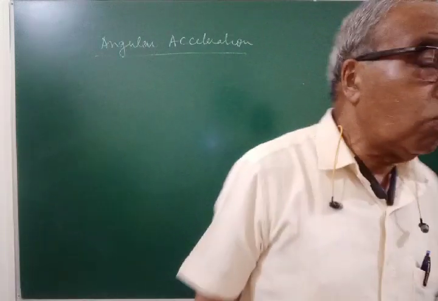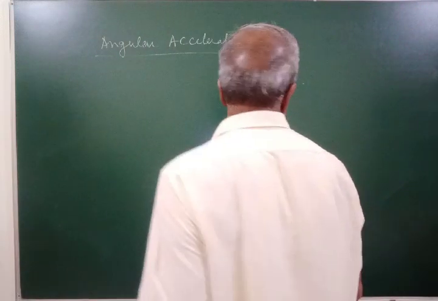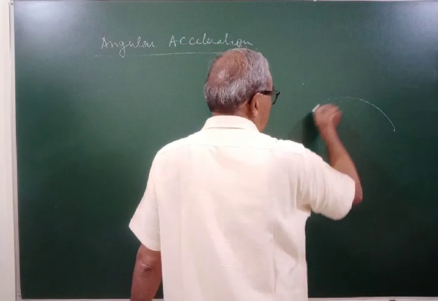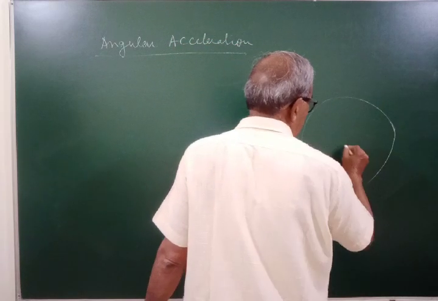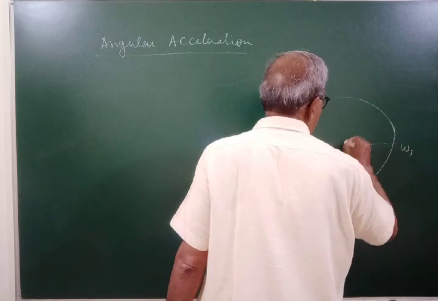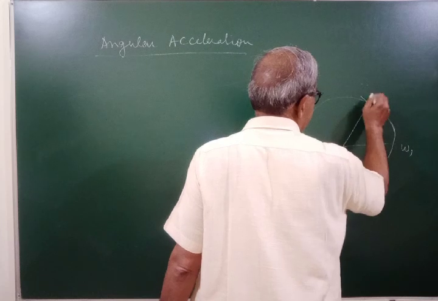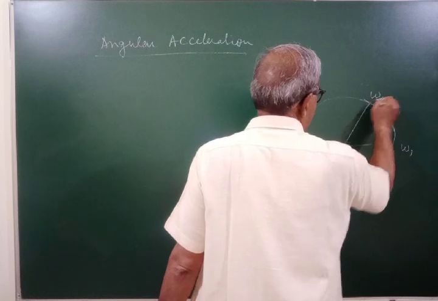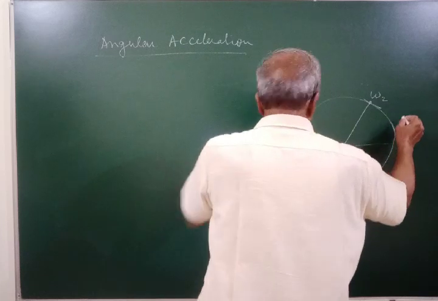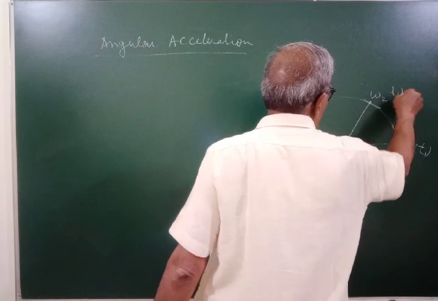Means when velocity of a body changes, there is acceleration. So if a body moves on a circular path with variable velocity, at time t1 angular velocity is omega 1 here, and at this point at time t2, omega 2.